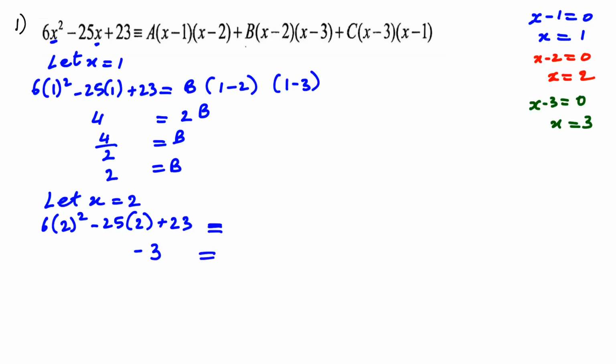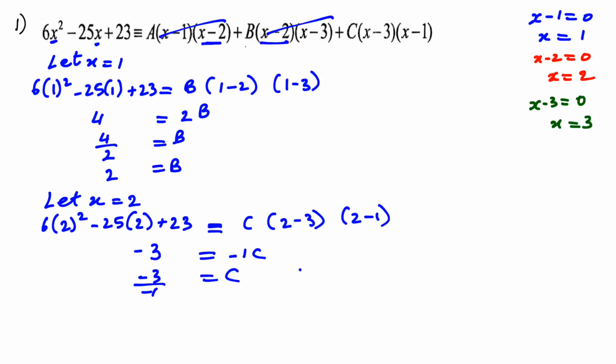And then on the right hand side, wherever there is 2, we will not use that variable. 2 minus 2 is 0, so A won't be used. 2 minus 2 is 0, so we will not use B, and we will use C. 2 minus 3 and 2 minus 1. And this will give us negative 1C. Divide negative 3 by negative 1, and the answer is 3 is equal to C.